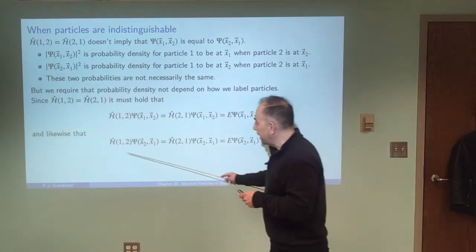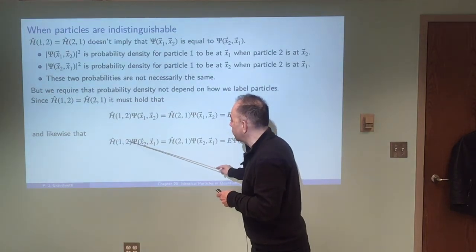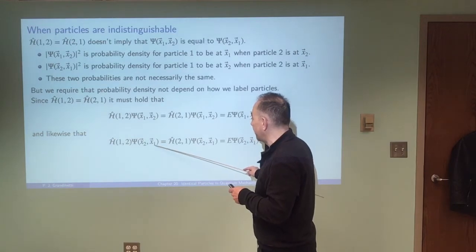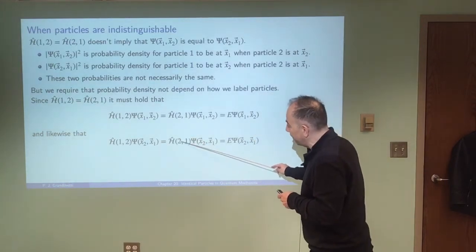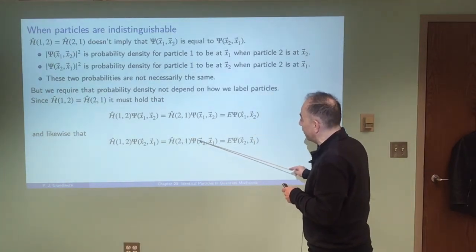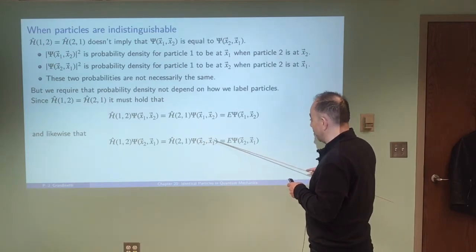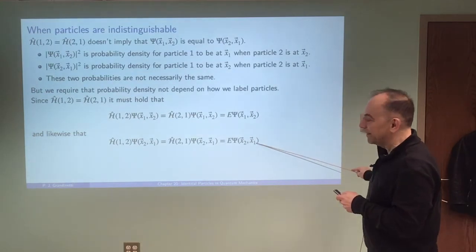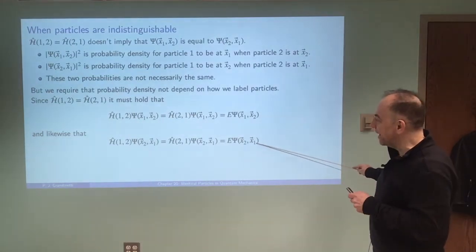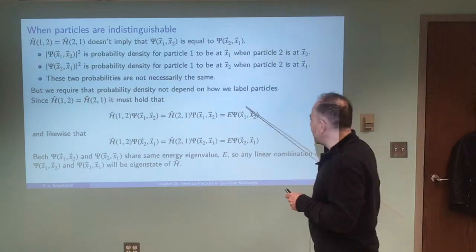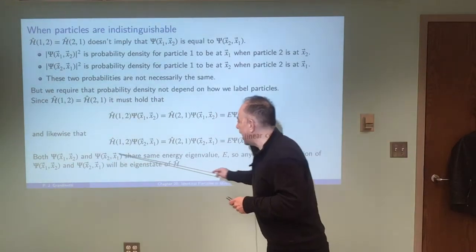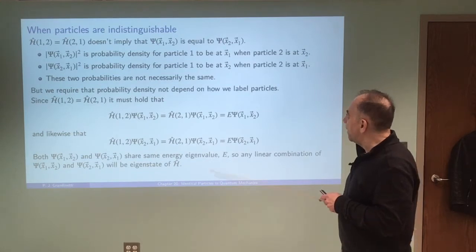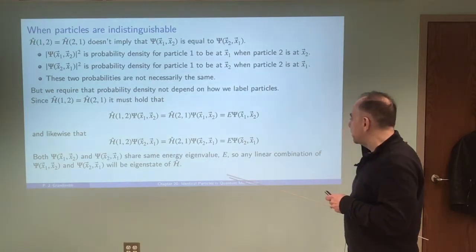And likewise, if I have the Hamiltonian labeled 1, 2 acting on the wave function with the coordinates 2, 1, then it has to give me the same result as the Hamiltonian 2, 1 acting on the wave function with the labels 2, 1, to give me back the same energy times the wave function. Okay, so you see the constraints that we have to have here. So these wave functions have the same energy eigenvalue associated with them, but they're not necessarily the same.